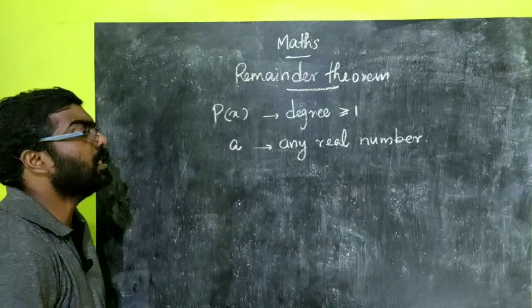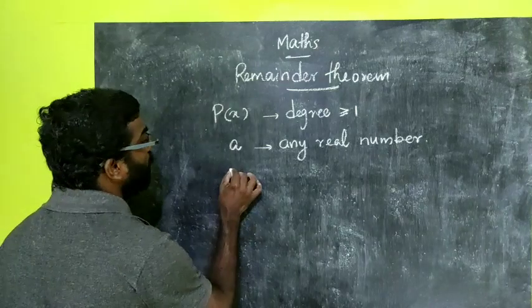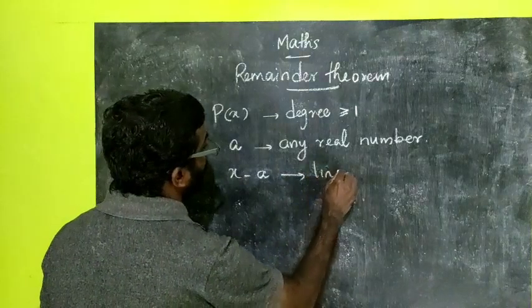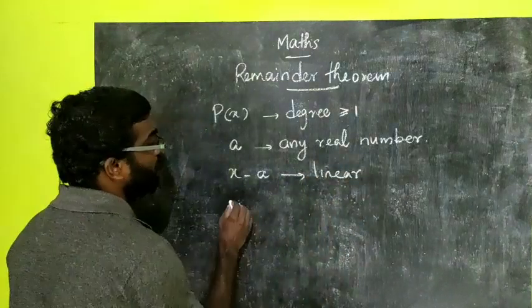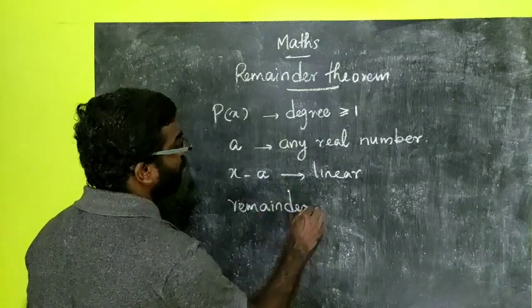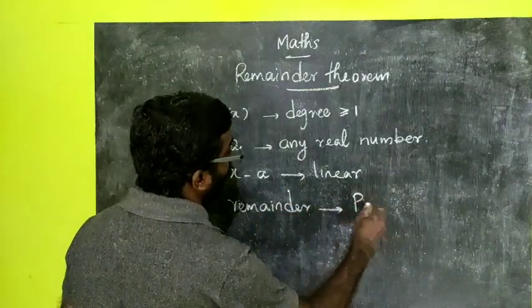If p of x is divided by a linear polynomial x minus a, here x minus a is a linear polynomial, then the remainder will be p of a.